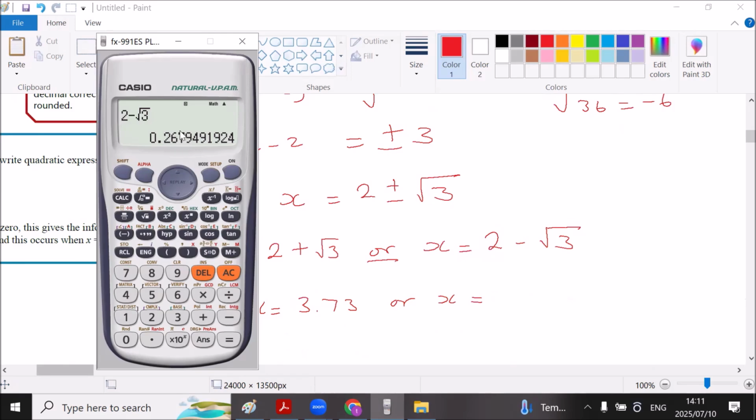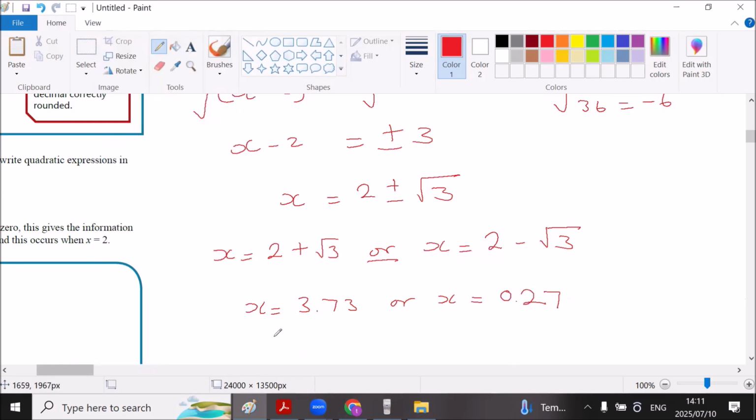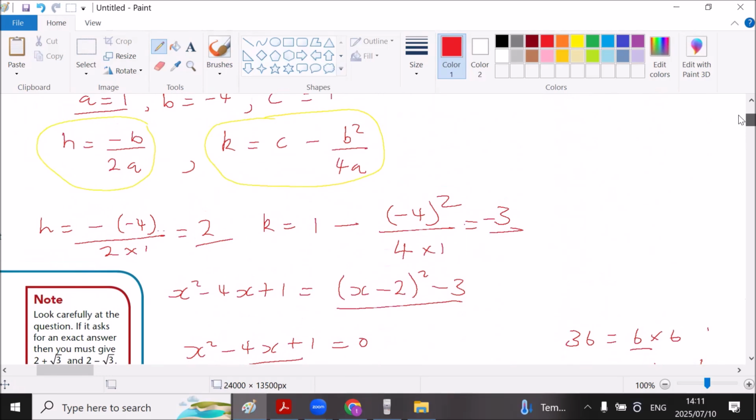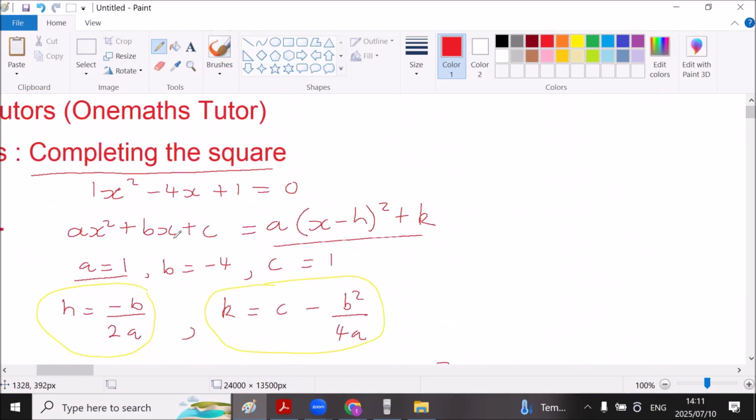Since 7 is greater than 5, we add 1 here to the 6 to have 0.27. So these are our 2 solutions. So the summary is that if we cannot factorize an expression, we first have to put it in the completed square form.